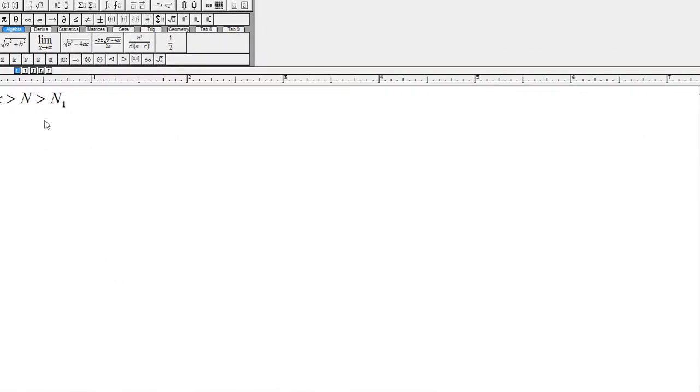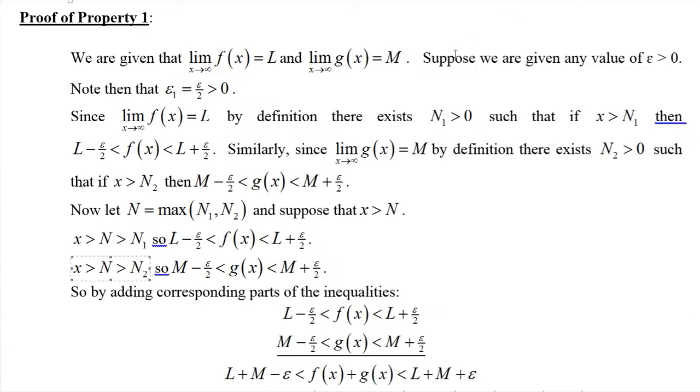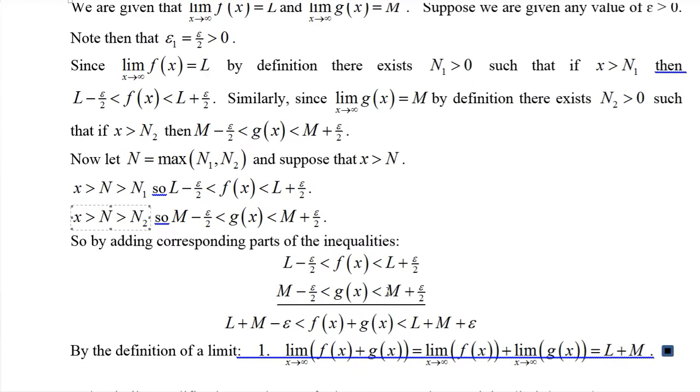And similarly, x is greater than n, which is in turn greater than n2, so we get this second inequality true. So we have both of these inequalities right here true.